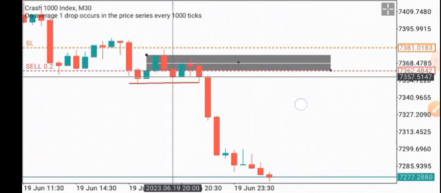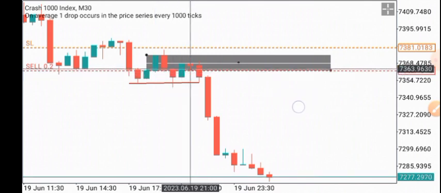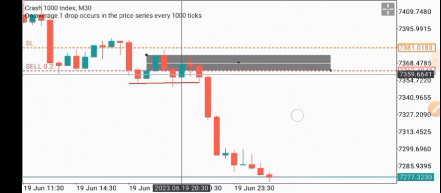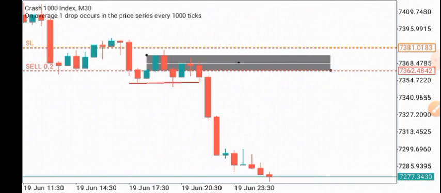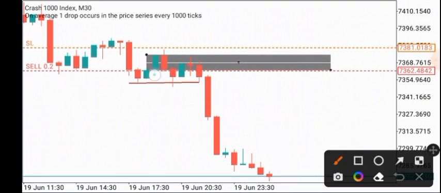But I think I saw this move, I made it around 8 or so. Then I knew I might not be able to wait, so I used my pending order, placed the trade right here, placed my stop loss above, and then went to sleep.